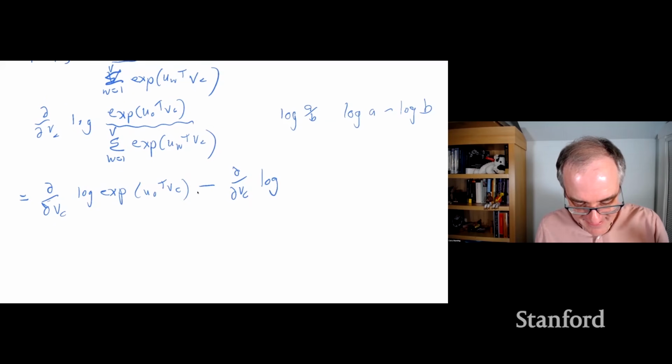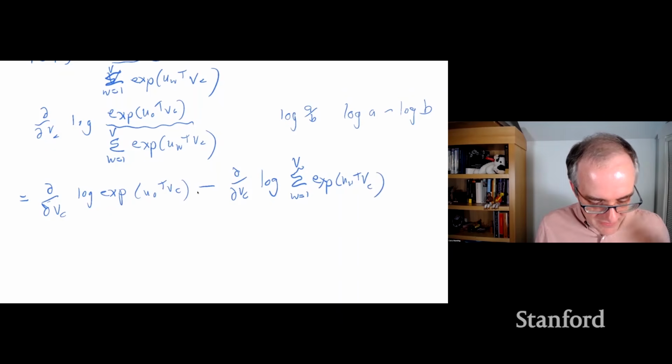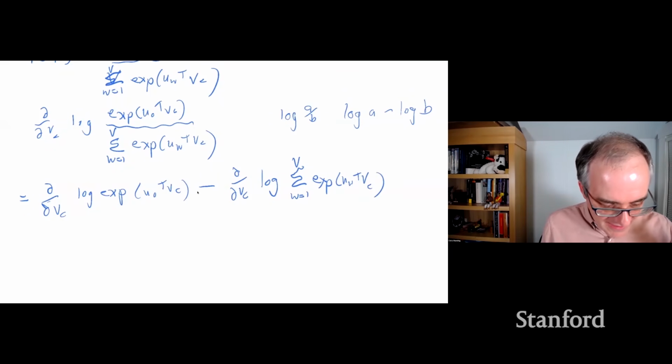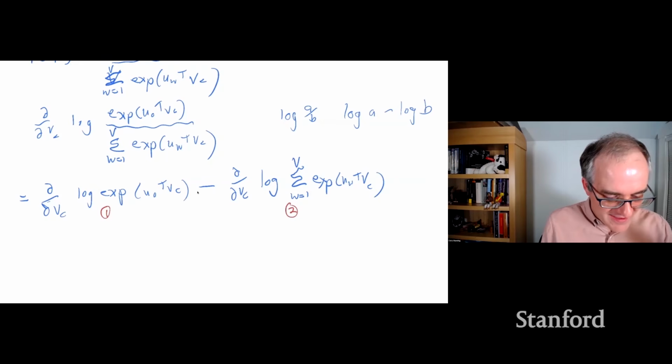So that's then the sum of w equals 1 to V of exp(u_w^T v_c). Okay, so at that point, I have my numerator here and my former denominator there.